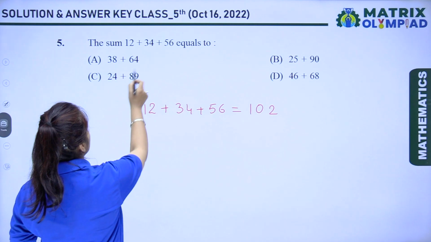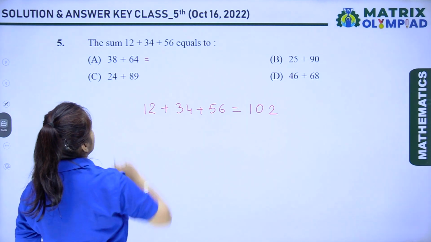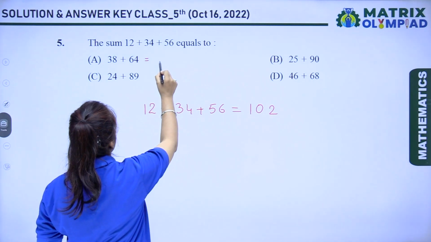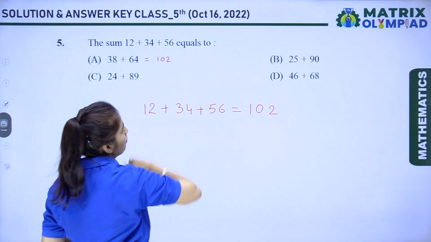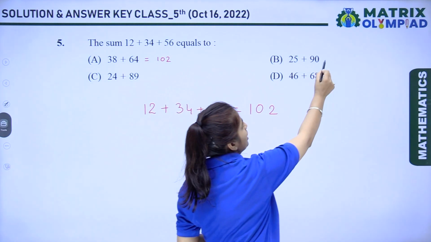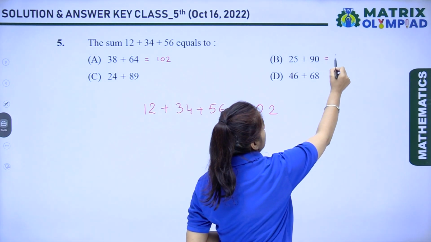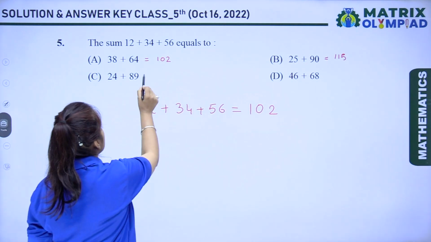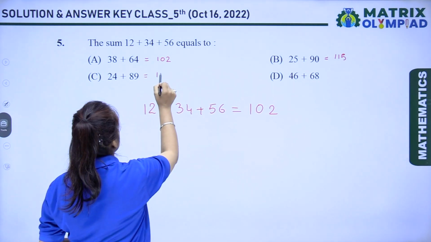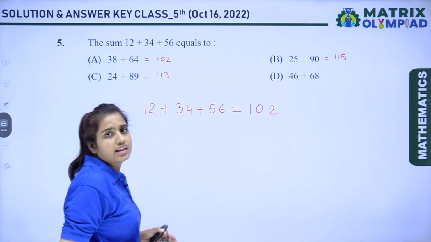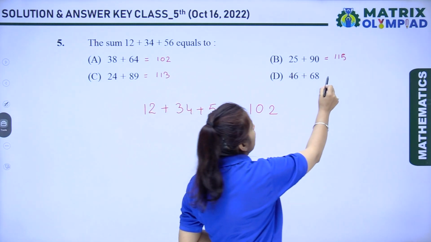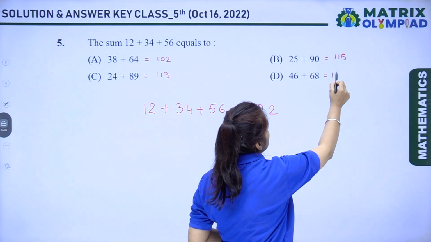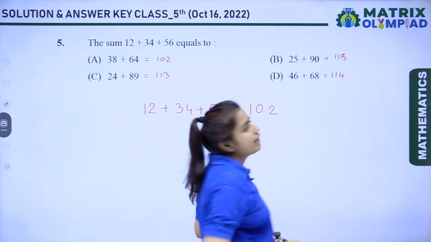Now here let's check the first total, 38 and 64. It gives us 102, and in the second one we get 115. In the third option we get 113, and in the fourth option we get 114.